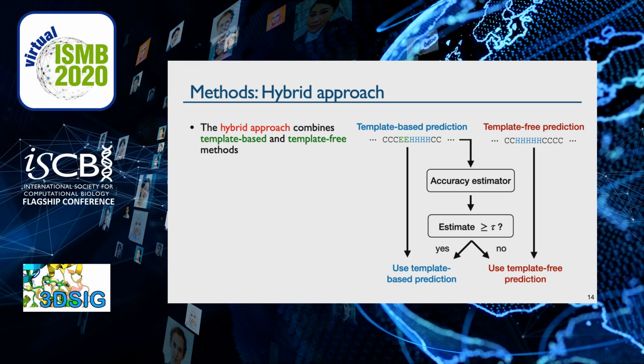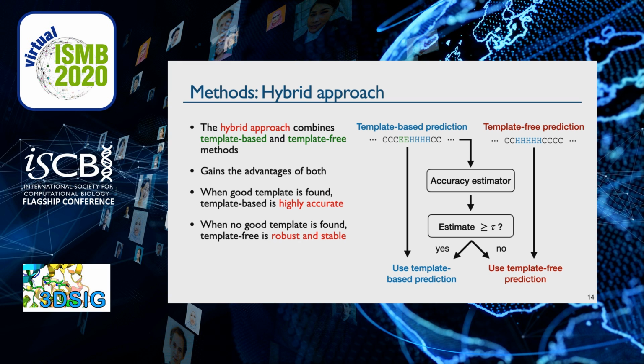Otherwise, it outputs the alternate prediction of a template-free tool. The hybrid gains the advantages of a template-based method, where when a good template is found, the prediction has high accuracy. We combine NESI with a robust and stable template-free method, so when no good template is found, the accuracy of the hybrid prediction is robust and stable.